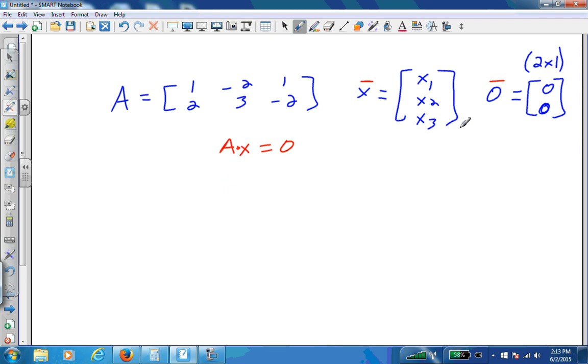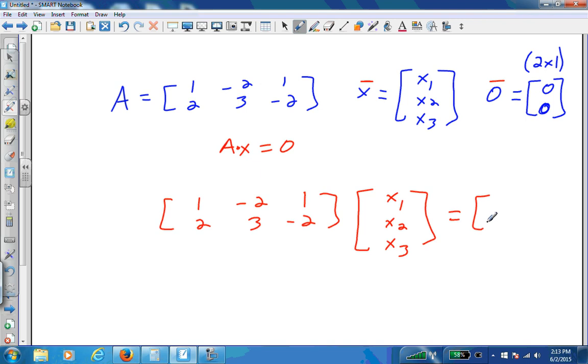So think about if we were to multiply this matrix by this column vector, we would do row times column, so this would be 1x1 minus 2x2 plus 3x3 equals 0.